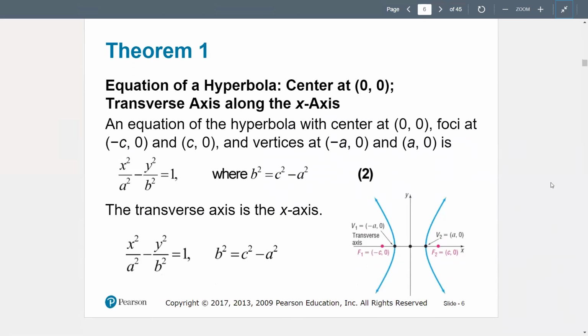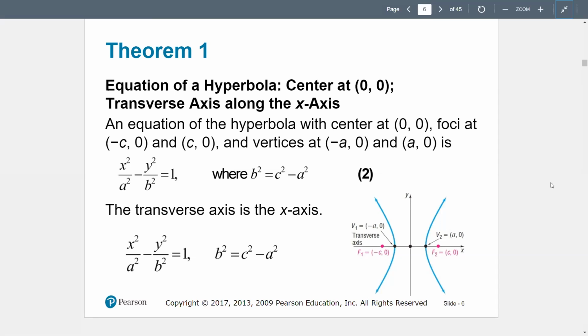All right. So here's our first theorem. An equation of the hyperbola with the center at 0, 0. So notice that the foci and the vertices are very similar to what we had with an ellipse. What do you notice is different between the ellipse and the hyperbola?